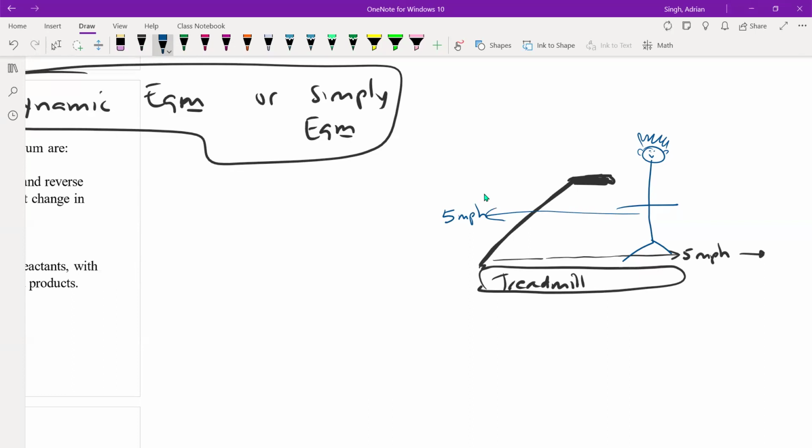So what we have here is the rate or the speed of the treadmill going left to right in this particular diagram is equal to the rate or speed of the person going in the other direction, right to left.